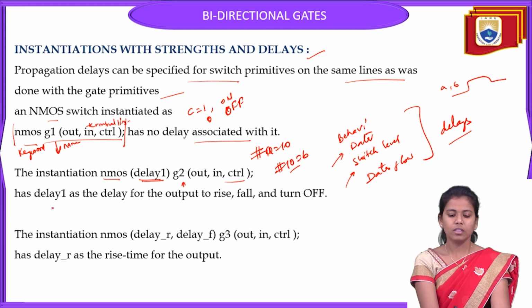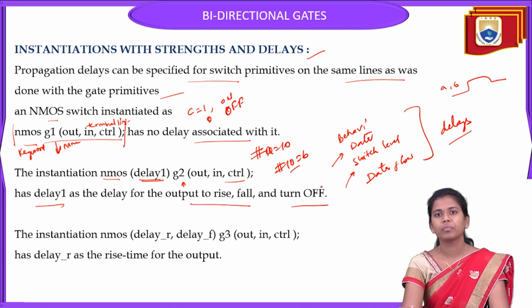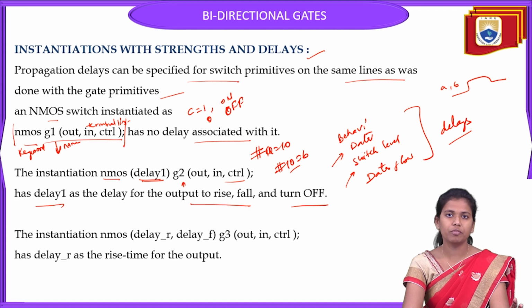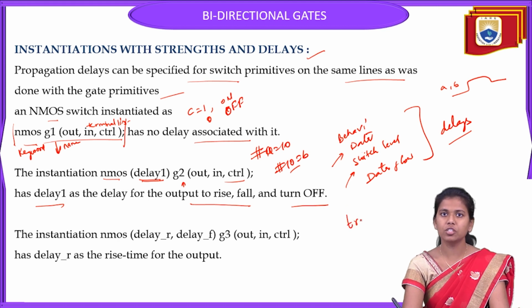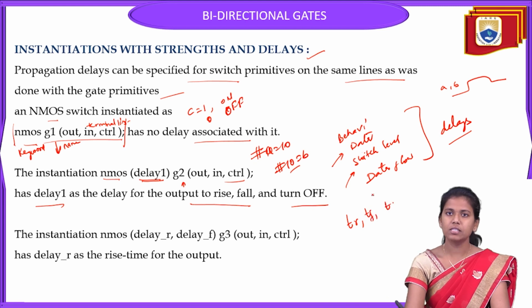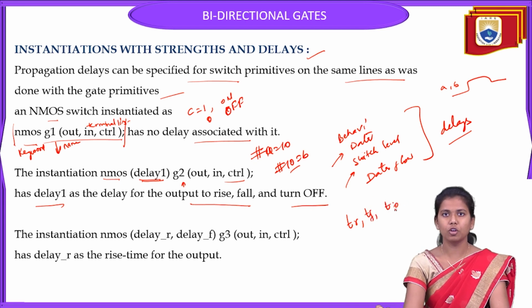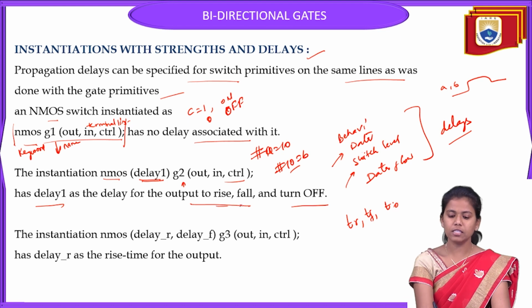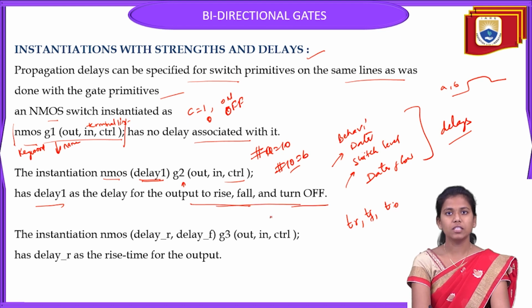Delay 1 is a delay for the output to rise, fall and turn off. The delays are in terms of time controlling elements, so the delay could be in rise time, fall time and turn off time. In these terms we can represent the delays.